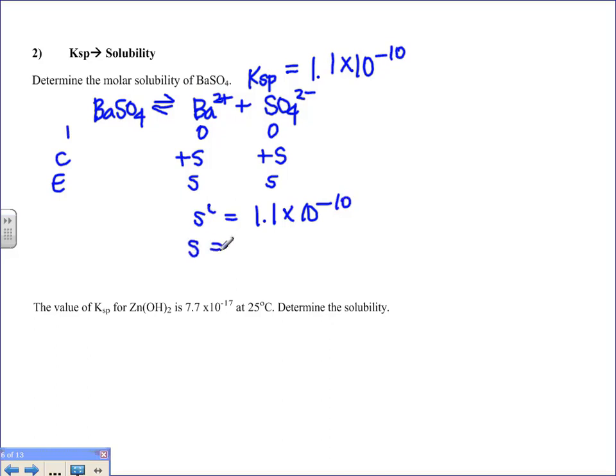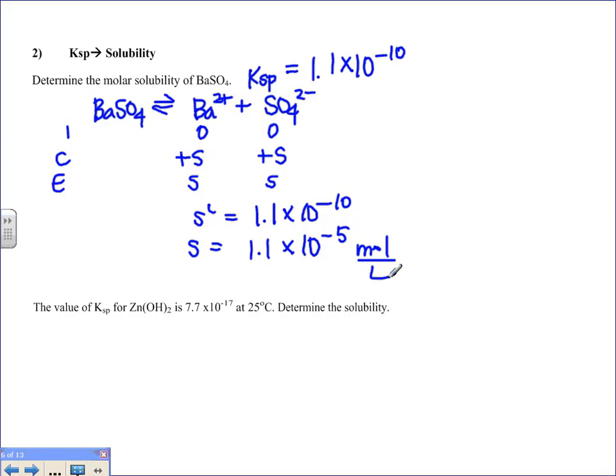So S in this case is equal to 1.1 times 10 to the negative 5, and that's in moles per liter. Okay, so when you solve for the traditional X from your ice charts, what you're actually determining is the solubility in moles per liter of the particular substance.